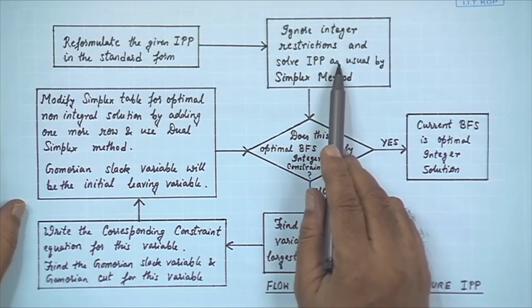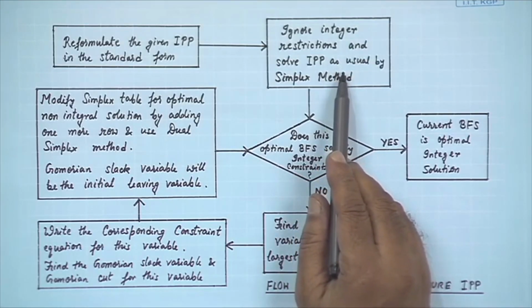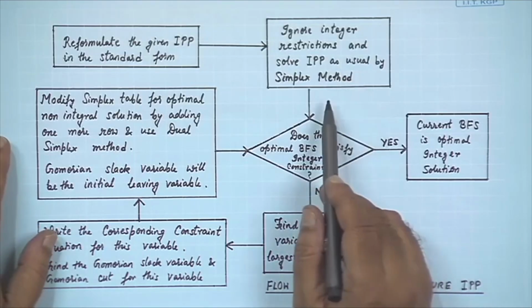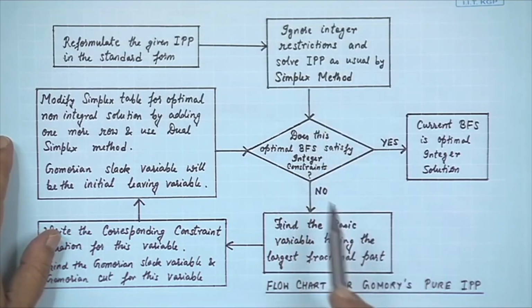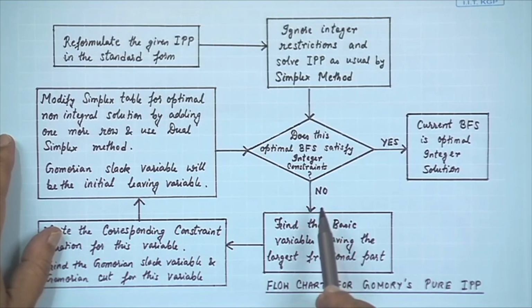Number 2 is ignore integer restrictions and solve the IPP as usual by the simplex method. As I told you earlier, ignore the integer restriction, as if assuming that your xj is only greater than equal to 0, it may take an integer value or a real value, and solve it by the normal simplex method, whatever we have done earlier.